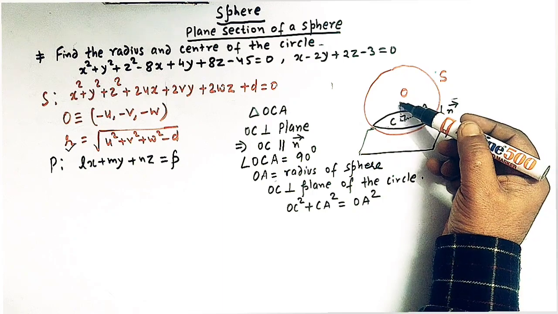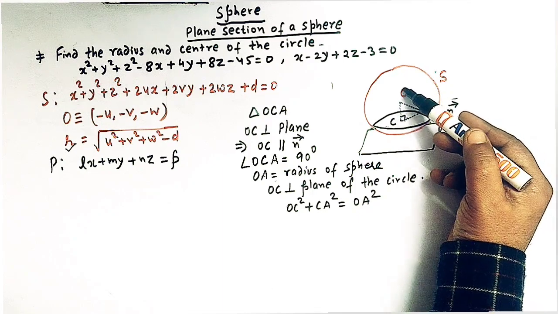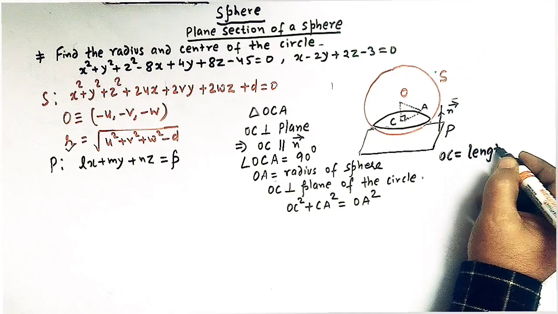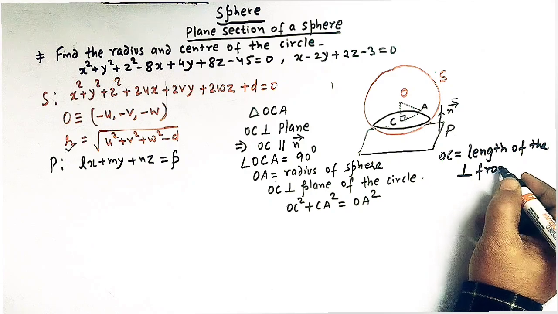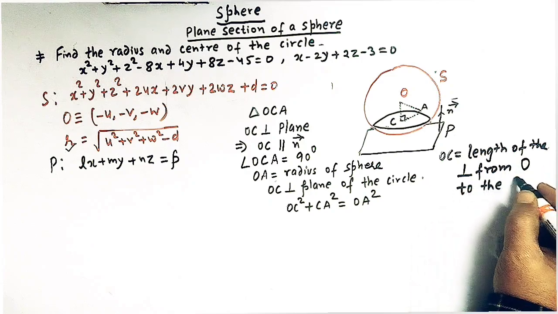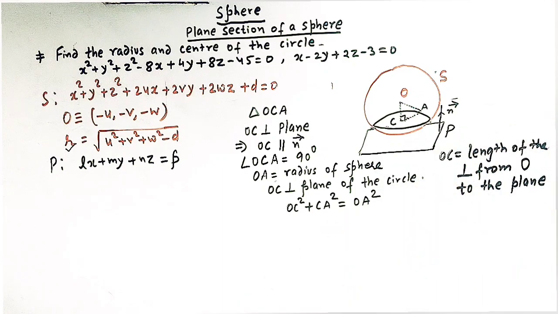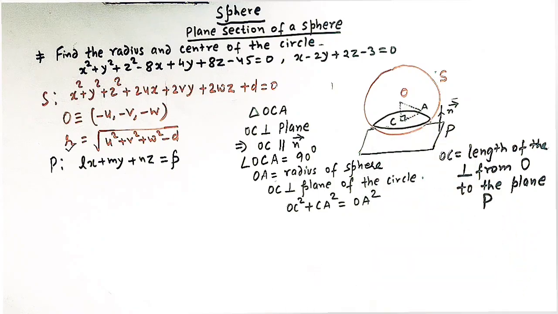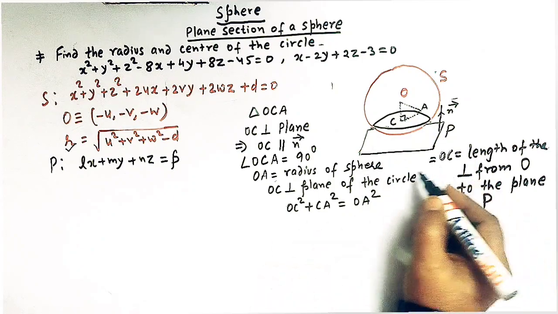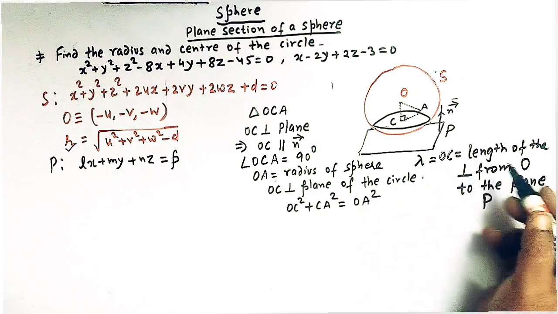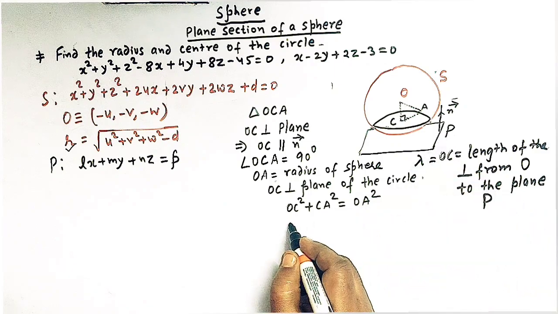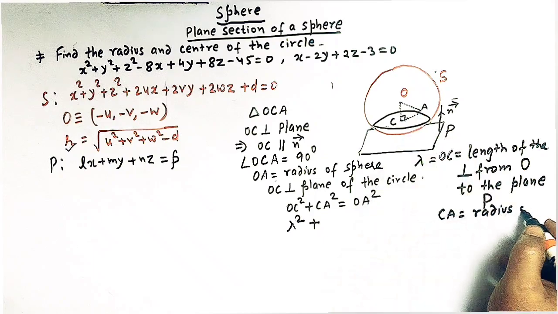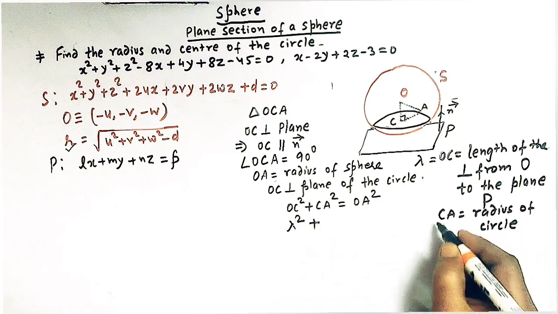Now OC is the length of the perpendicular drawn from the point O to the plane P. We already know the formula to find the length of the perpendicular from a given point to a given plane. So let us take OC as lambda, the length of the perpendicular from the point O to the plane P. So here we write lambda square, and CA is the radius of the circle, so we take CA as R1.